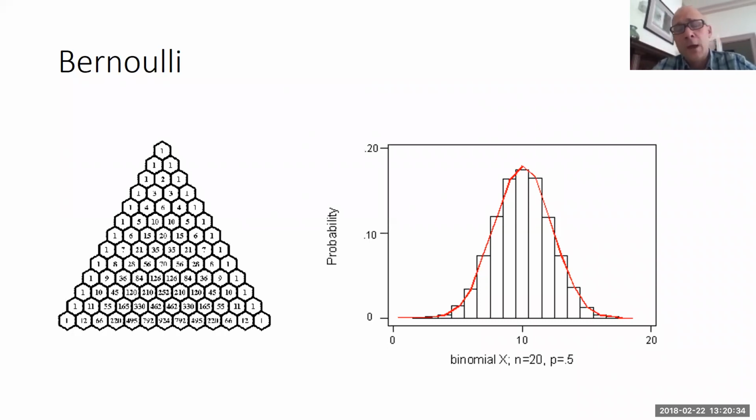So you get a symmetric probability distribution. If the probability was 10%, say, then you get a skewed distribution with a long tail to the right. And if the outcome was rare, say 1 in 1,000, then you'd get the Poisson distribution, a highly skewed distribution with a long tail to the right.